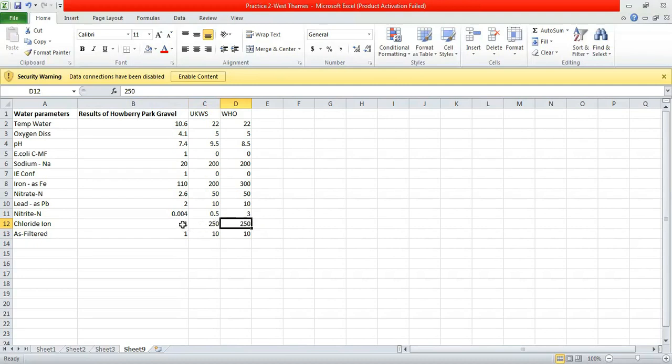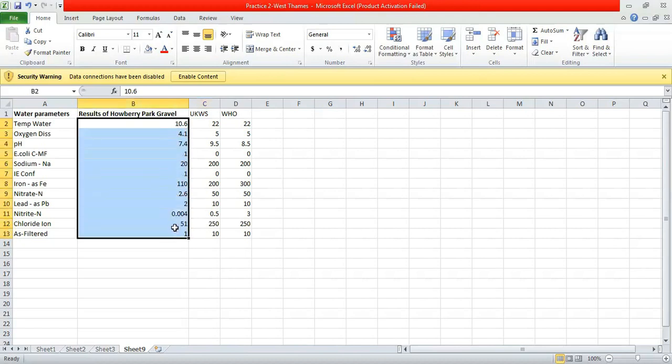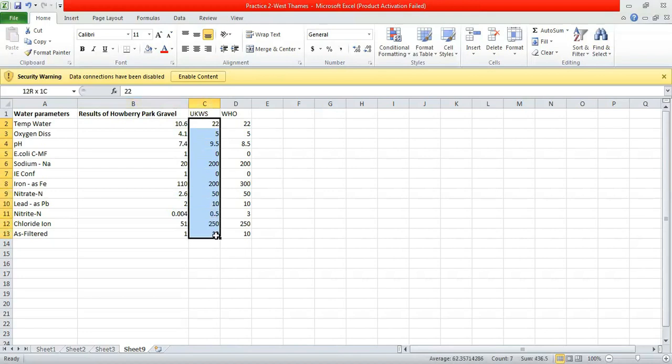If our water test results are reported in microgram per liter and at the other point it's in milligram, you won't be able to have a good analysis at the end of the day. So the unit of measurement for this must coincide with this and this. It must be the same.